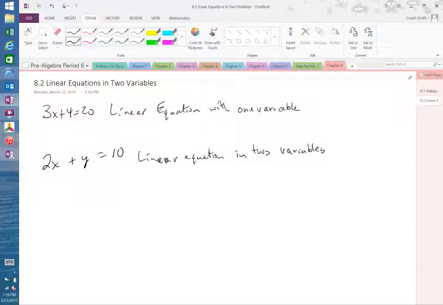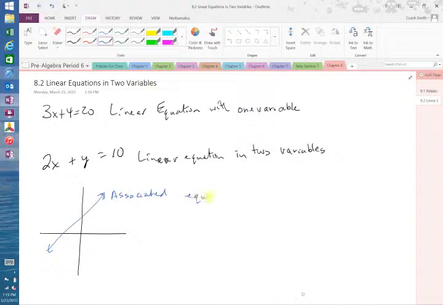Now, what we're going to be doing in pretty much this whole chapter is talking about lines, graphing lines, and the equation of lines. For example, if we have a coordinate plane, and we have a line graphed in that coordinate plane, there is an associated equation that goes with that line.